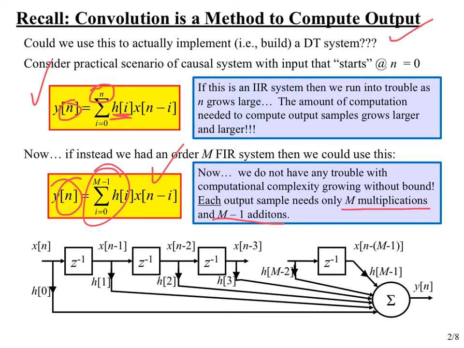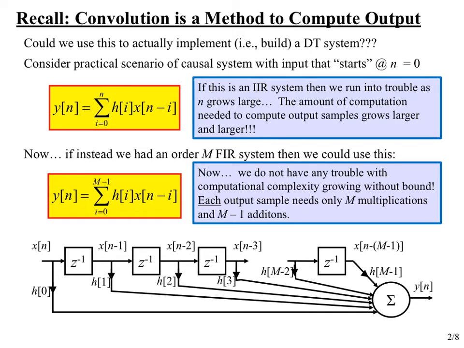And we can visualize this process. This FIR convolution can be thought of in terms of this block diagram that's shown at the bottom here. Let me get rid of some of this red stuff up at the top here. There we go.